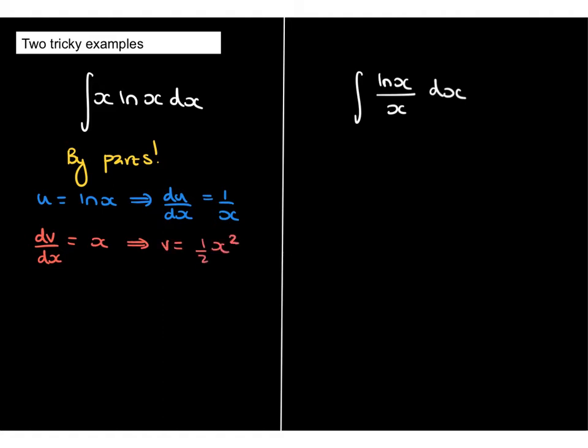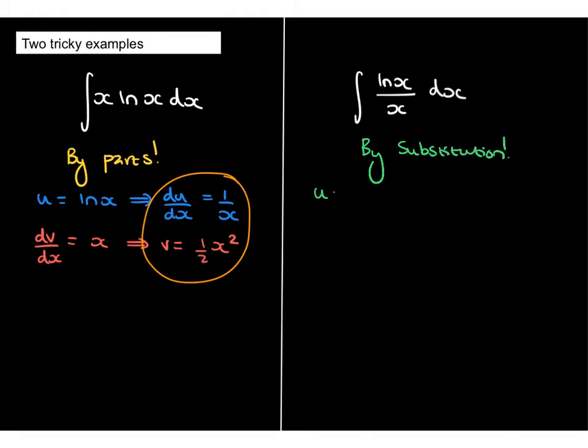Then when you apply the integration by parts formula in the second part, you take the product of v and du by dx, which gives you a cancellation as you multiply a half x squared by 1 over x, so you get a much simpler integral. Have a go yourselves.